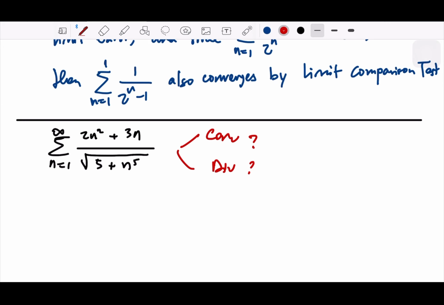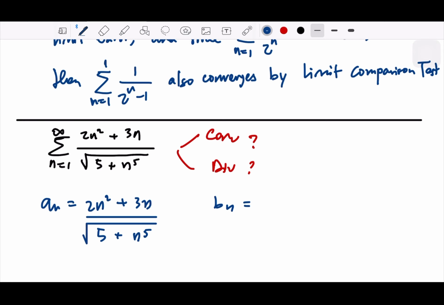So, for example, we can take An to be our 2n squared plus 3n, and then we can compare it with another series Bn, where we just take the highest degree of polynomials: 2n squared for the numerator, and the denominator will be the square root of n to the power of 5.